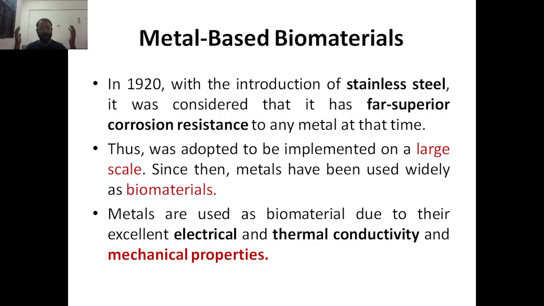The reason is very simple. Even though it is exposed to a lot of rain or humidity, the corrosion will be very less. That's why it had far superior corrosion resistance to any metal at that particular time, and thus it was also adopted to be implanted on a large scale.